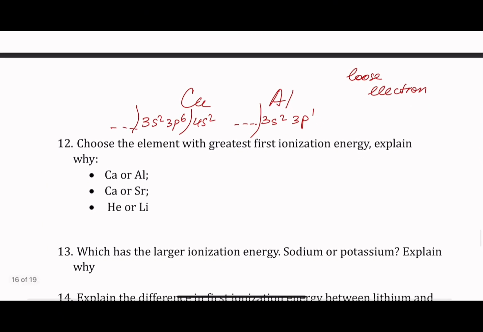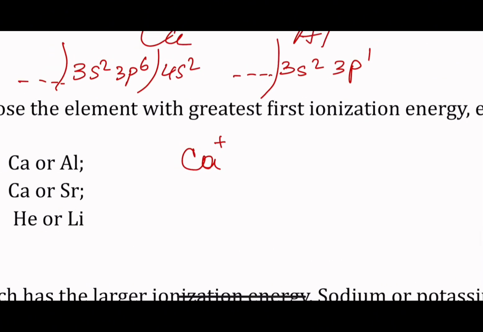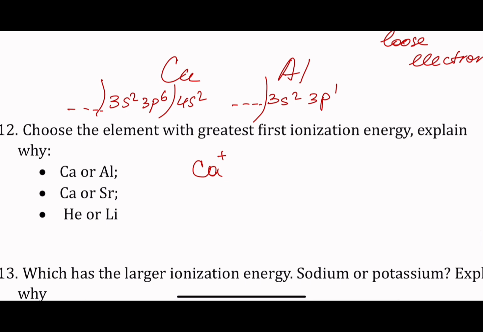So first ionization: calcium becomes calcium plus 1, right? We lose one electron. It becomes 3s2, 3p6, and 4s1. Calcium will easily give that electron because it's in the last shell. Let's look at the aluminium right away.